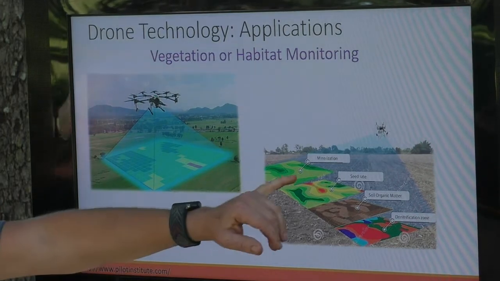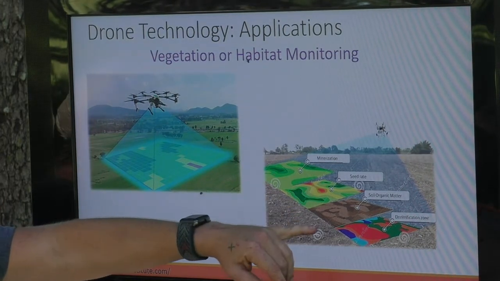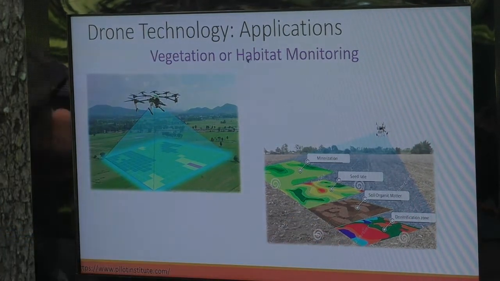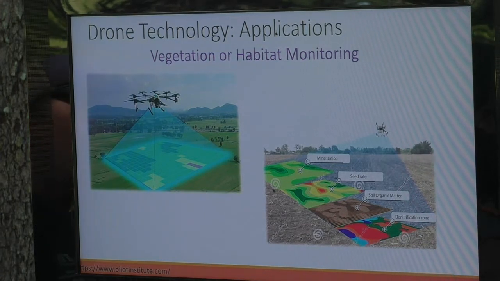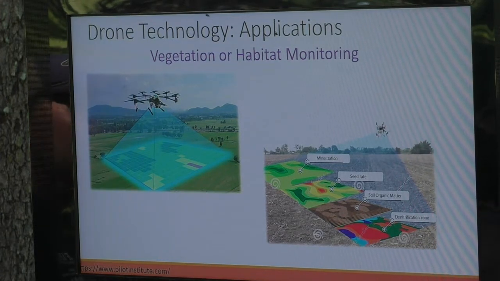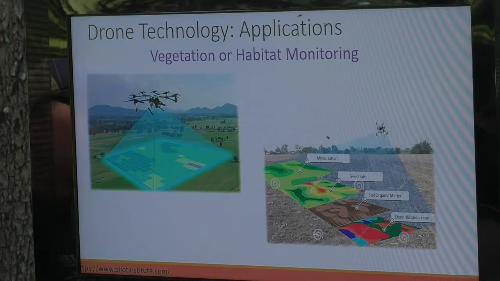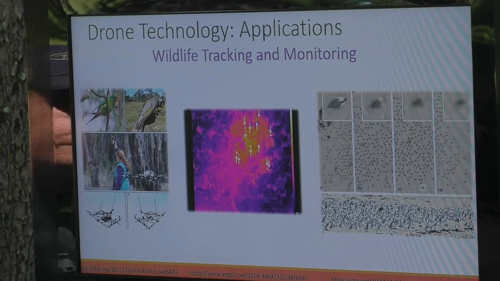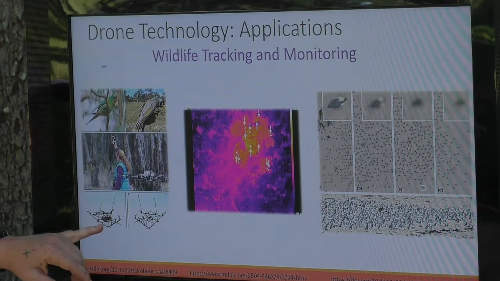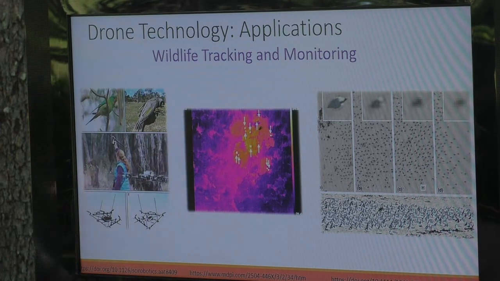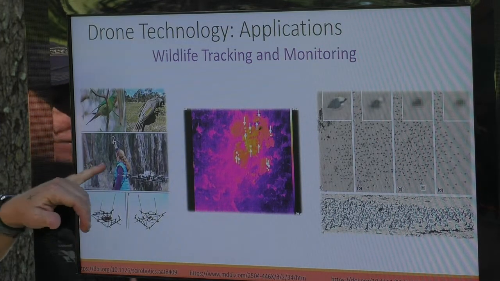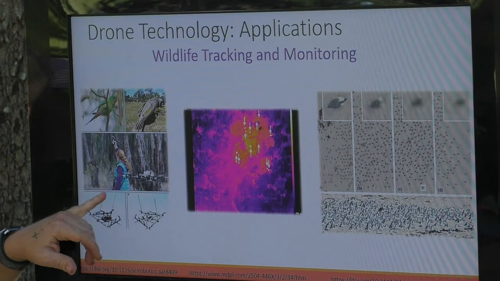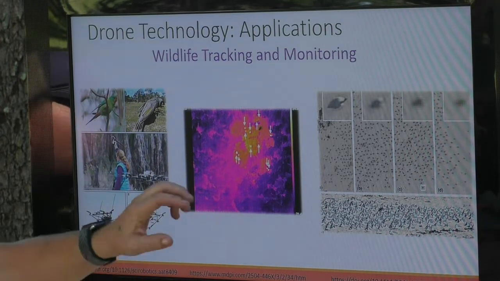And now they're getting so good they can look at minerals, your seeding rate, the organic matter, nitrification zones, tons of applications for agriculture. And also for wildlife tracking and monitoring. They're actually starting to use them to track an animal that has like a VHF tag on it, which is interesting. I think you'd be a little limited on flight time, but people are starting to do it.